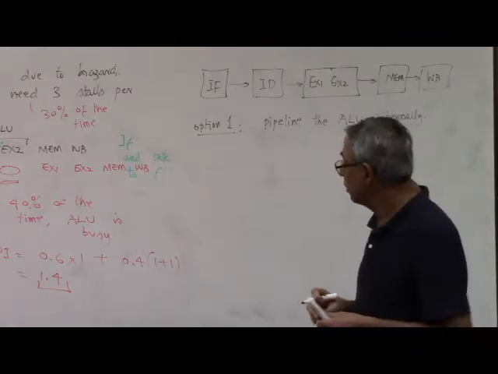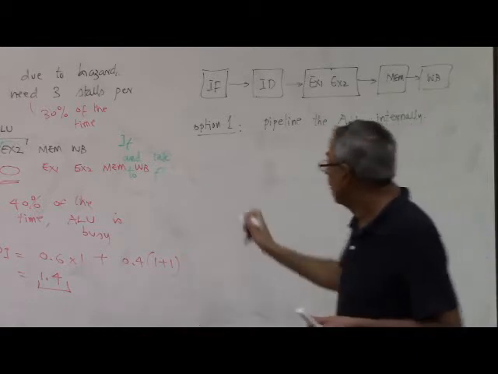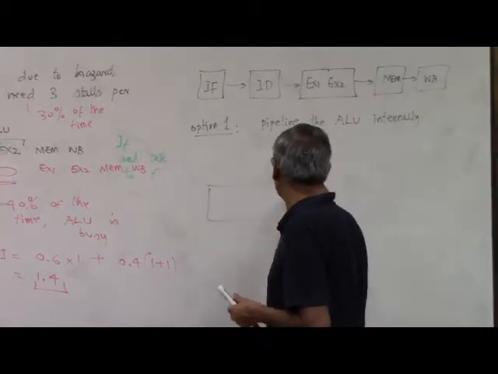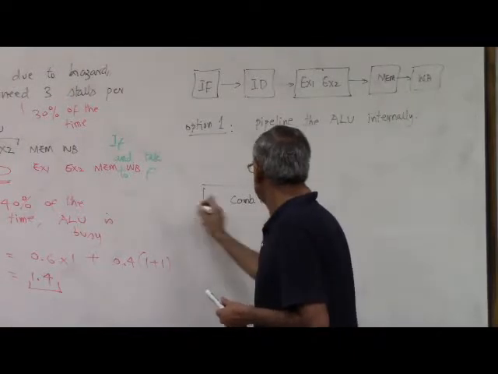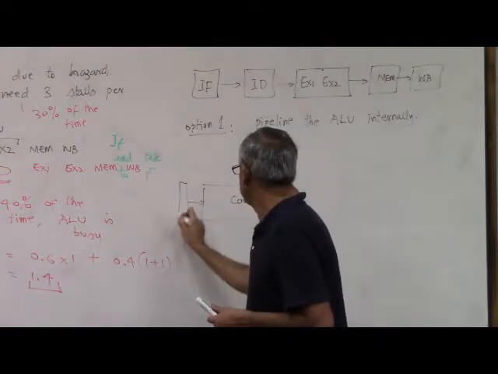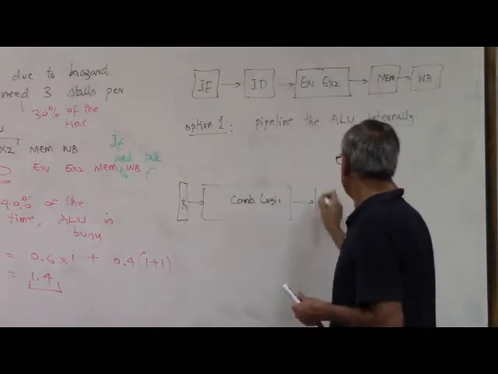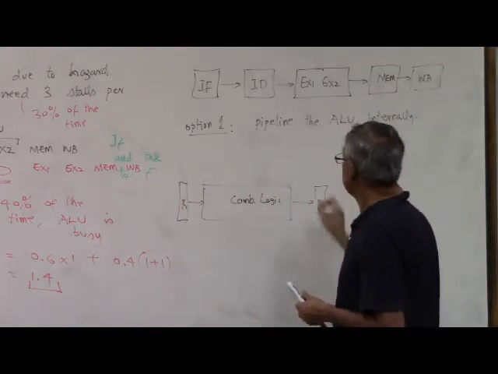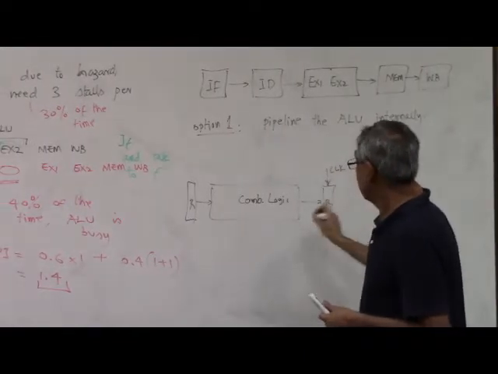Remember, some time ago I had talked about the concept of pipelining. If you have a combinational logic, and you have some register over here which feeds the data to the combinational logic, whatever result it produces, we clock it into another register.